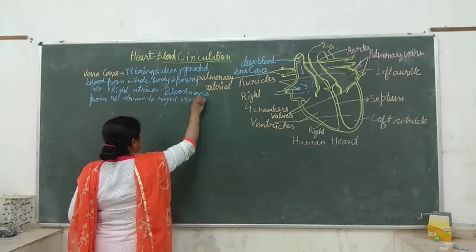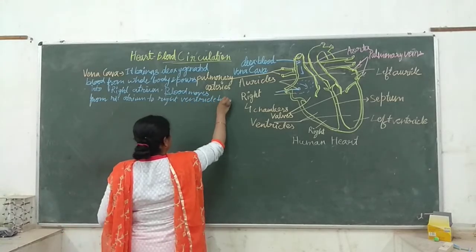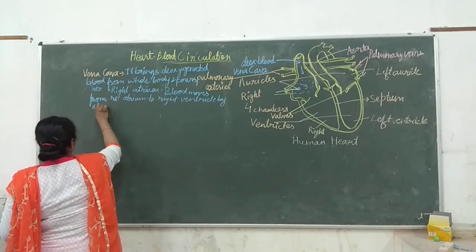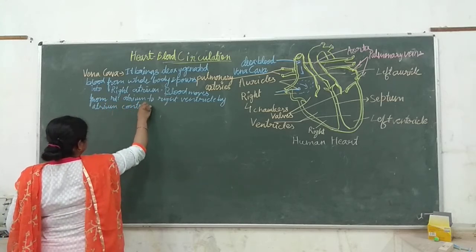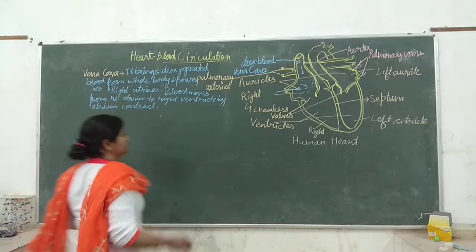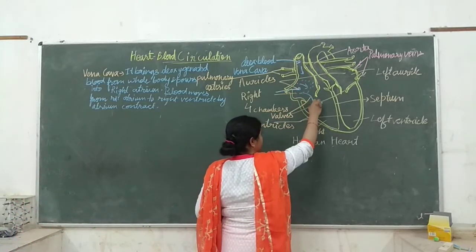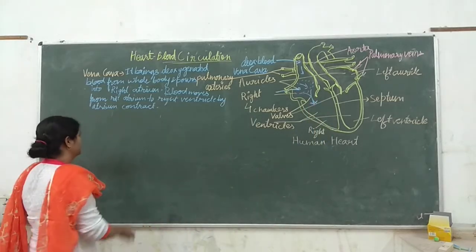From the upper chamber it will go into the lower chamber by atrial contraction. The atrium is a muscular structure, so when its muscles contract, they squeeze the blood, and it goes through the valves into the lower chamber.